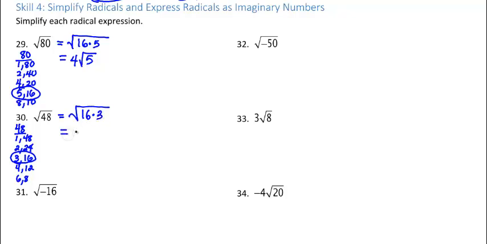It does really rely on your ability to recognize perfect squares, so that would be 4 times the square root of 3. The square root of negative 16, 16 is a perfect square. Remember, we think of that as really 16 times negative 1. And the square root of 16 is 4. The square root of negative 1 is just i.